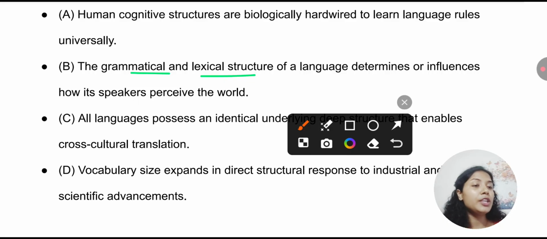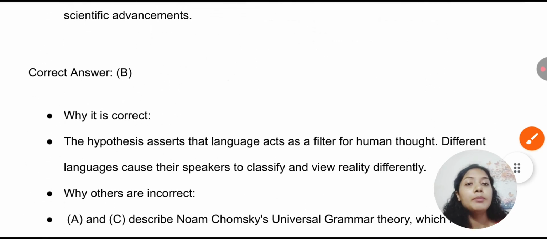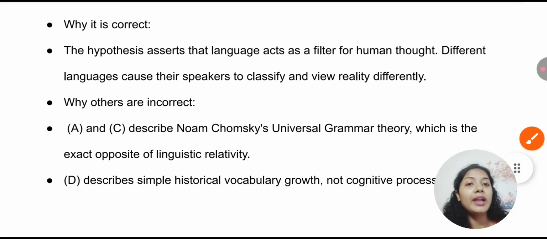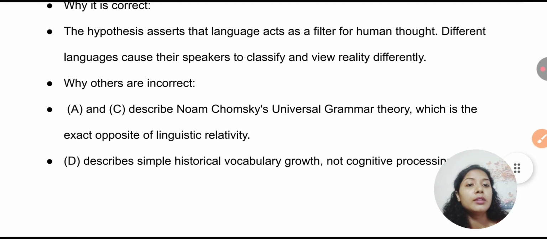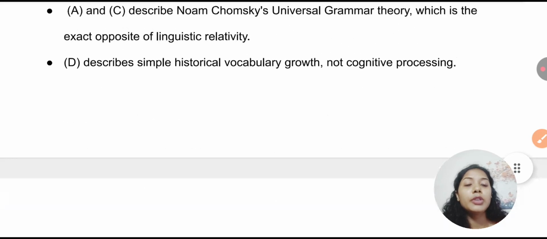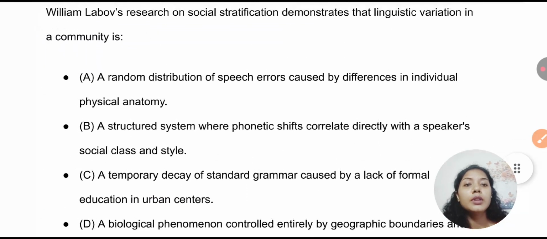So whenever you find the word perceive in relation to the world or surroundings, you can immediately think about Whorf and Sapir.